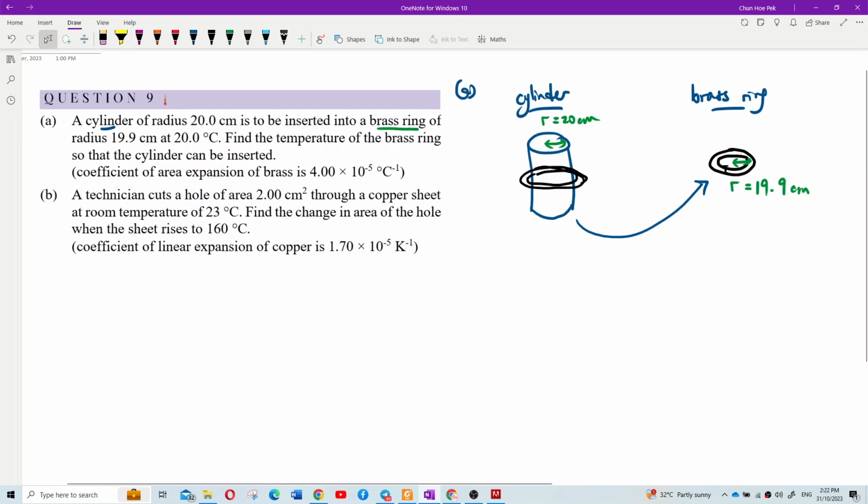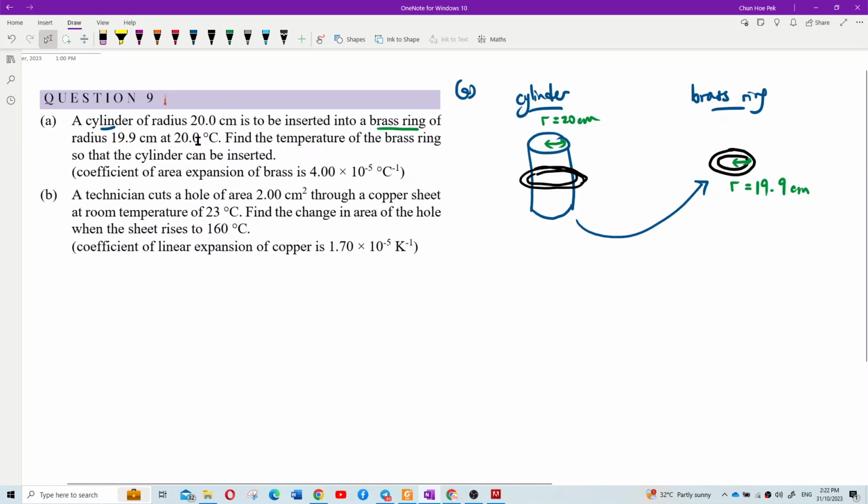The brass ring is only 19.9 cm. Can you fit the brass ring onto the radius 20 cm cylinder? Is it possible, class? No. If the radius is smaller you cannot fit it onto a bigger radius, so what do you do?